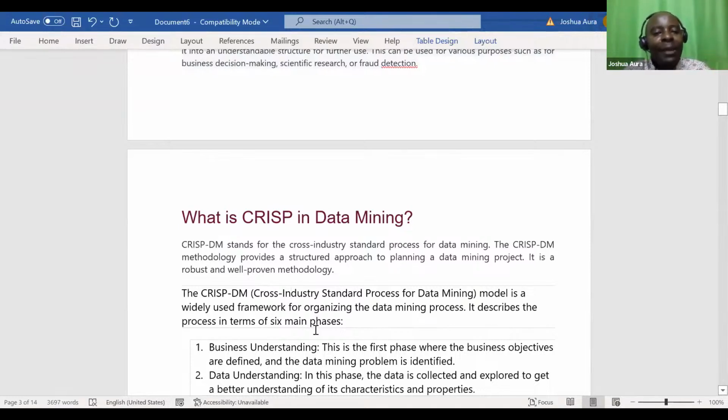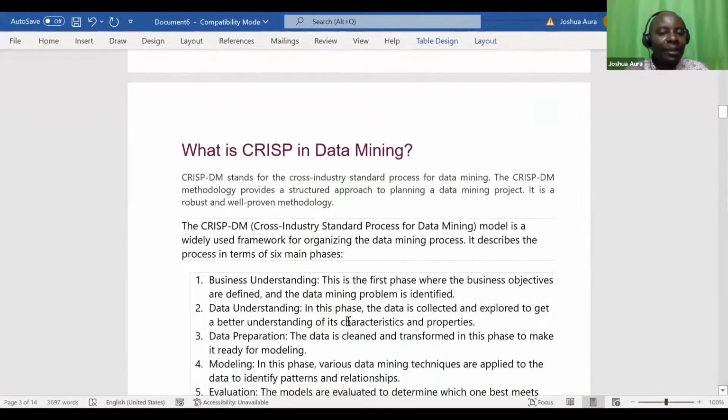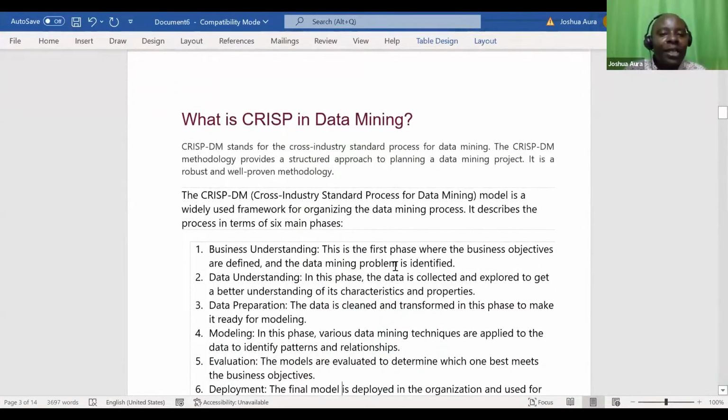It describes the process in terms of 6 main phases. The first thing you have to do in any data mining process is business. You must understand the business. This is the first phase where the business objectives are defined and the data mining problem is identified.